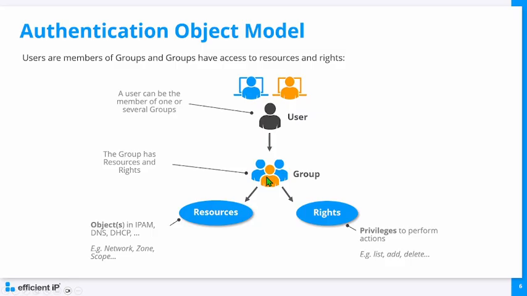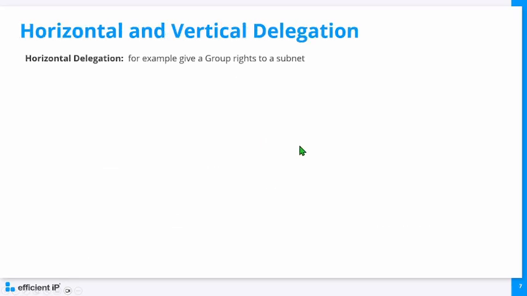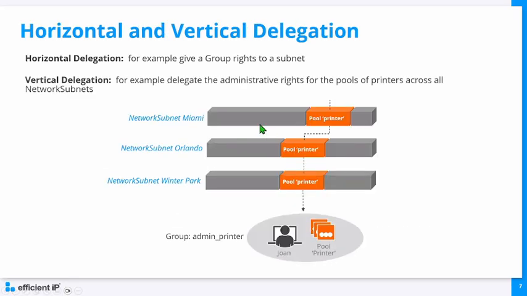Okay, good. As I mentioned just now, you have the flexibility to assign objects to the group at any level. So for example, I can assign multiple zones to be managed by the group.